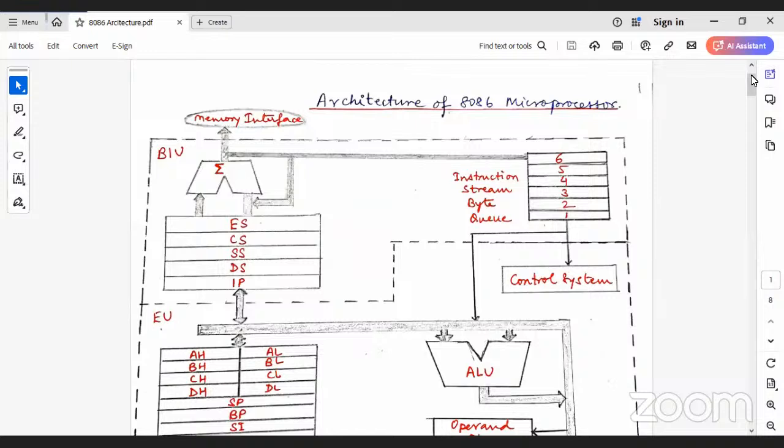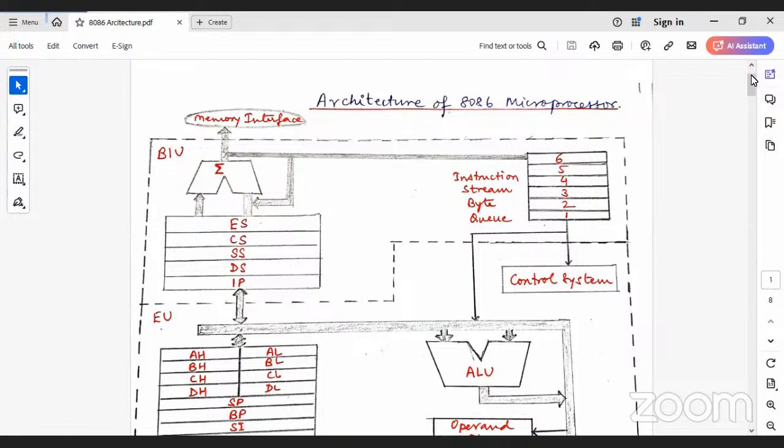Now, in this, you can also see within the BIU you are also having what is known as segment memory. So on the right side, you can see there are some segments. Segment registers also you can call. That is ES, the extra segment, CS, the code segment, SS, the stack segment, DS, the data segment.